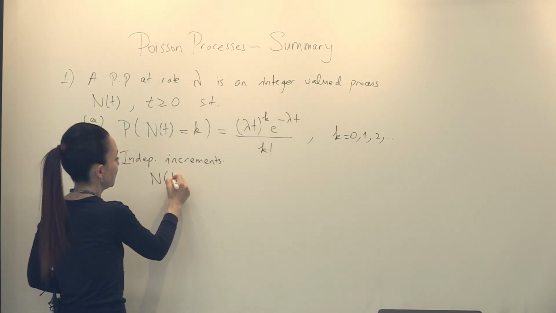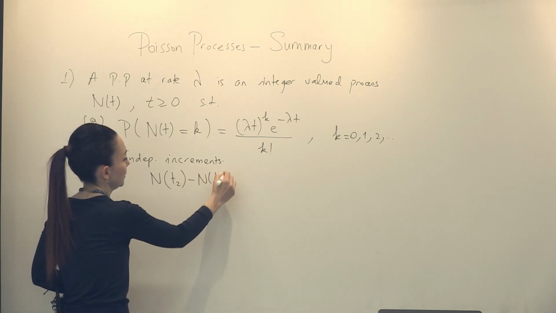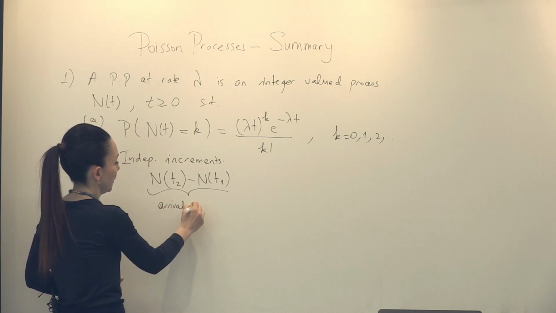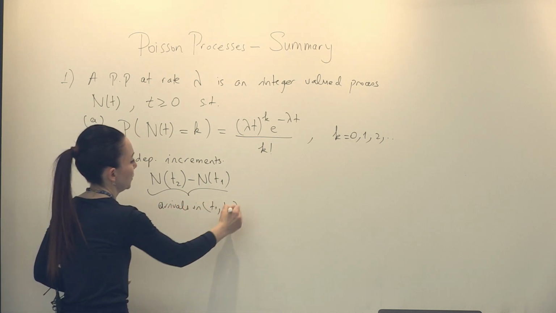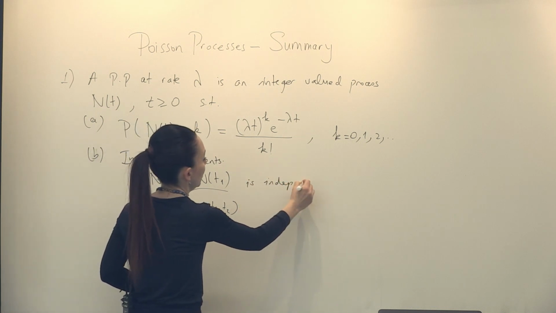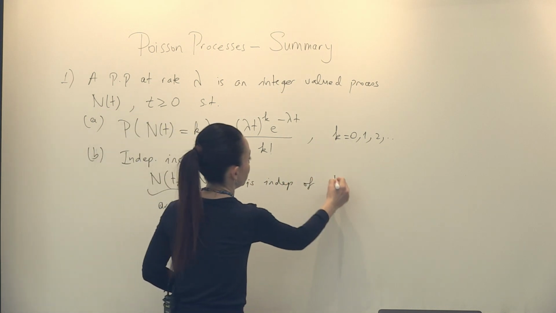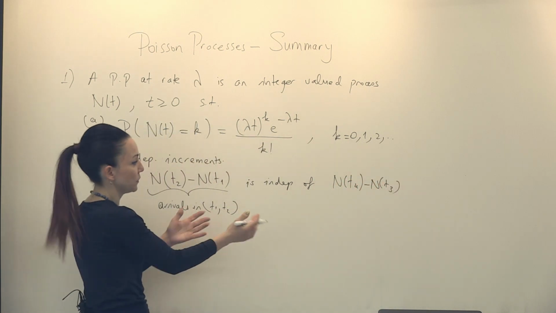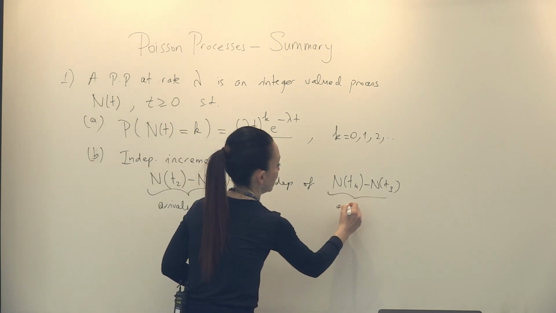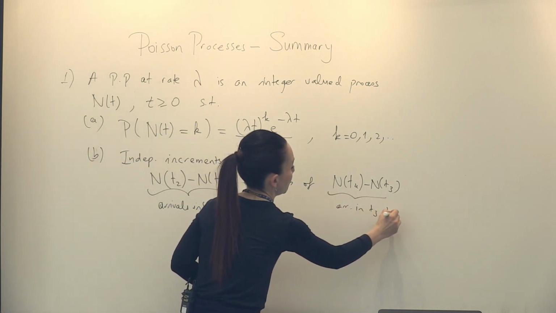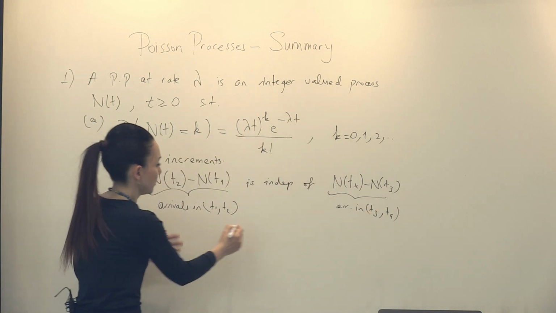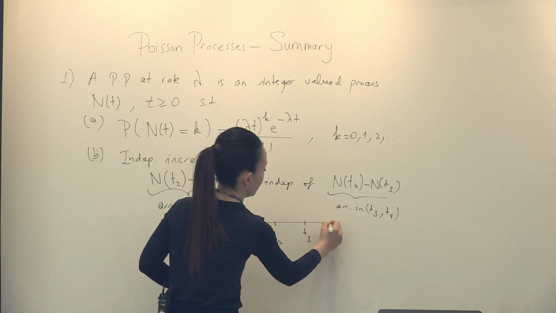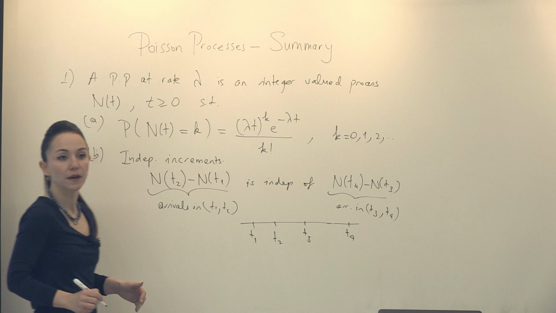The difference N of t2 minus N of t1, meaning the number of arrivals in t1 up to t2, is independent of N of t4 minus N of t3, where t3 to t4 is a non-overlapping interval with t1 to t2. So this is t1, t2, this is t3, t4, okay?